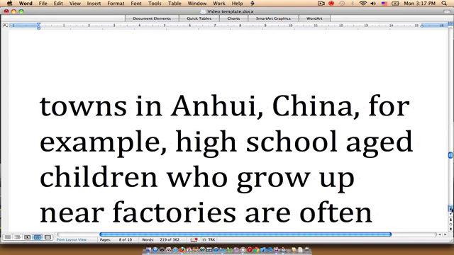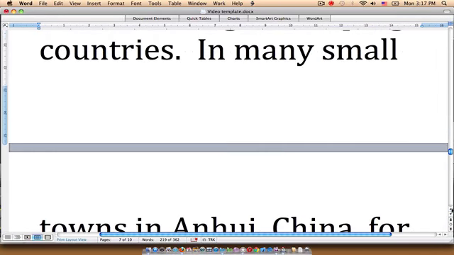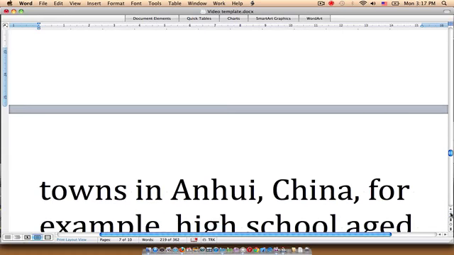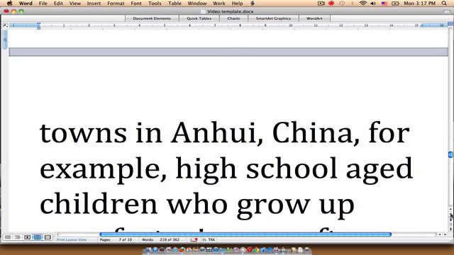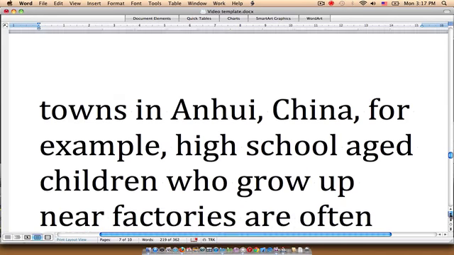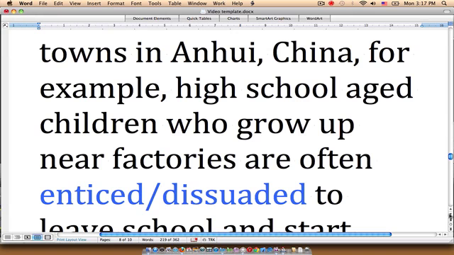Okay. So now here we're giving an example of small towns, and these would not be extremely large areas. And we're trying to argue that when factories are located in these kinds of places, people are often encouraged to leave high school. That's what we're trying to say in our example.